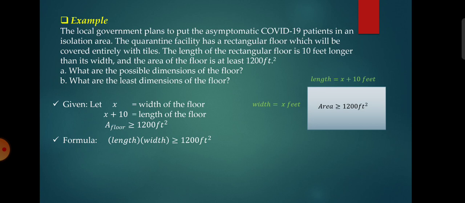And the area is greater than or equal to 1,200 square foot based on the first given. So to substitute the given length and width, the length is x plus 10, the width is x, then greater than or equal to 1,200 square foot.